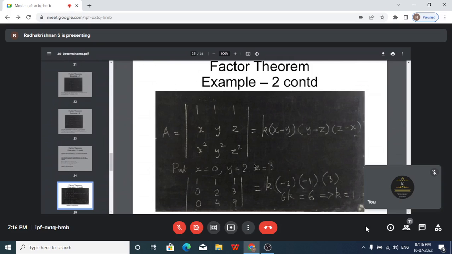The values you choose should be such that the determinant doesn't become 0. For example, if you take x equal to 1, y equal to 1, z equal to 1, it will become 0, and that doesn't give you the value of k. So we have to choose values so that it doesn't become 0.